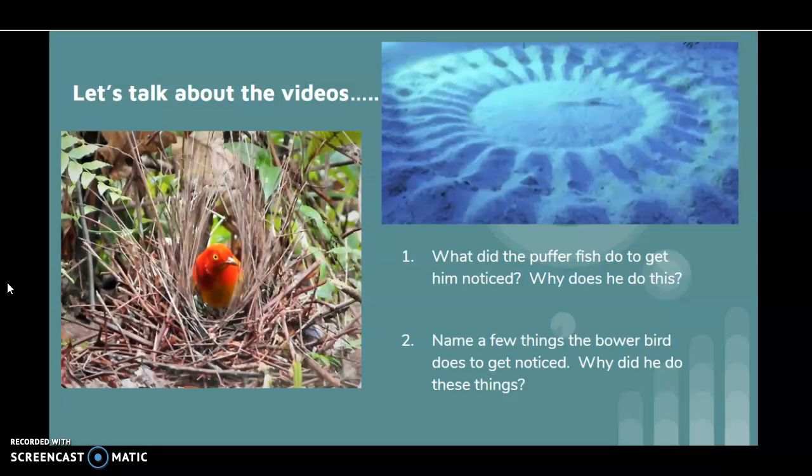So, for example, male birds are really colorful, right? And sometimes the females are a little dull. Well, the males are more colorful because they need to attract the females. So the female will mate with the most colorful male, right? It increases his chances for sexual reproduction.